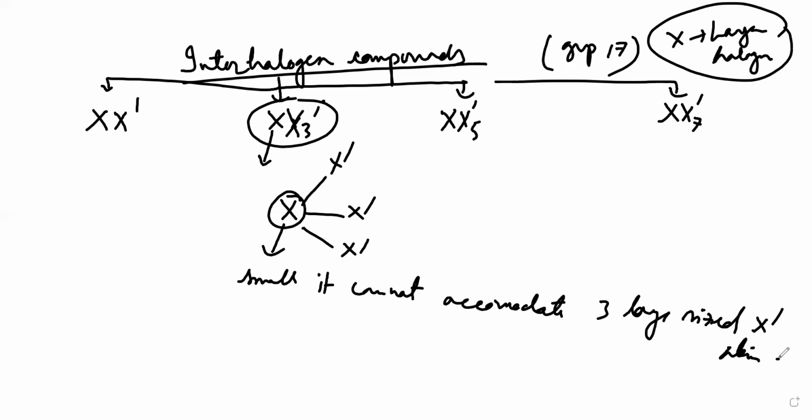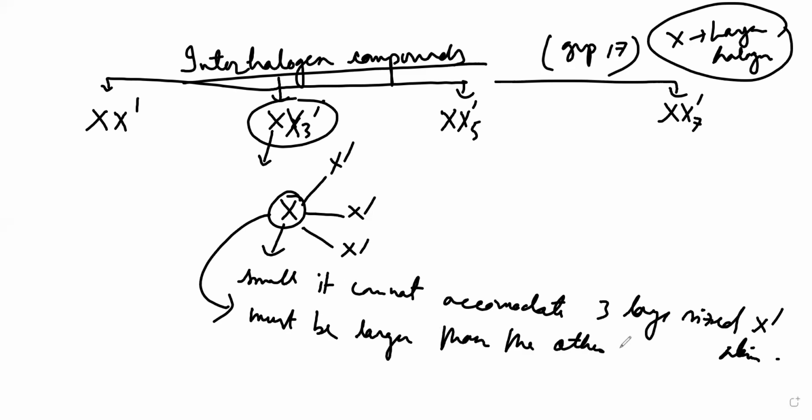Is it not? A small atom cannot control three large ones. So the central atom must be a larger halogen atom. It must be larger than the other three.